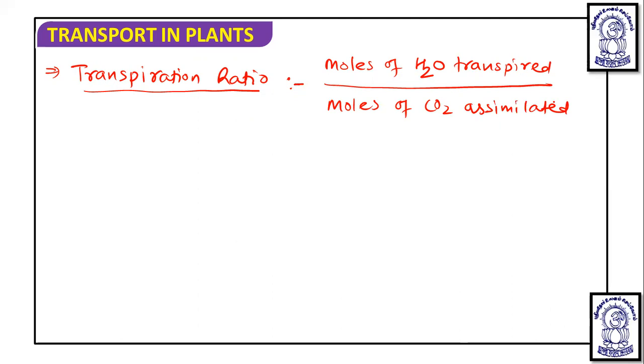That is the transpiration ratio. Stomata play a role in transpiration as well as CO2 absorption. So whatever mole amount of water is transpired with respect to how much photosynthesis occurred, that is the transpiration ratio.